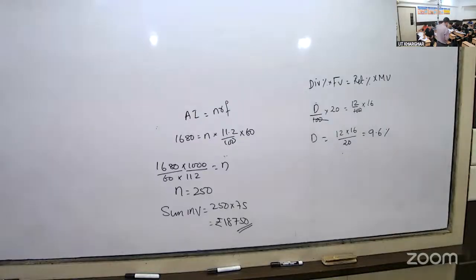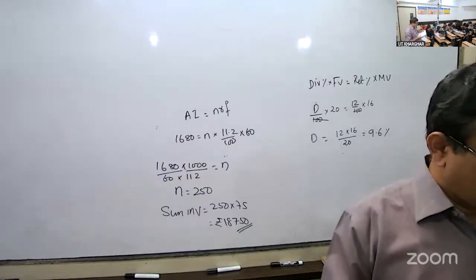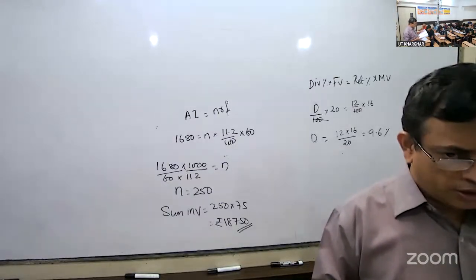How much? 40% premium, no? 100 plus 40, 140. Yes or no? Okay. Therefore, direct formula you can write now.